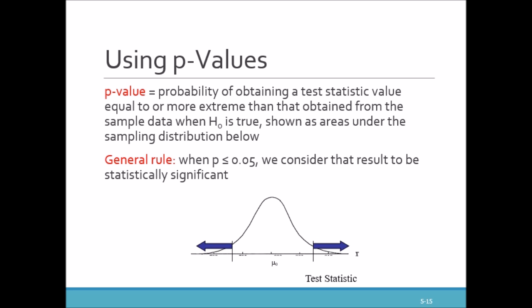So the p-value is directly derived from our test statistic, and alpha and our critical value are related to each other, but they're inverse of each other. So as our p-value decreases in size, our test statistic is going to increase in size. So just to let you know.